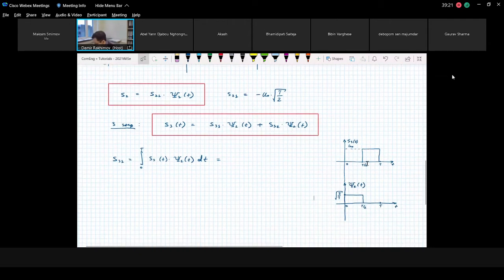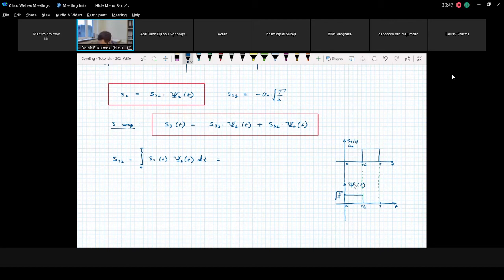And if you look at the third signal and the first basis function, you see that actually they do not overlap. Our third signal goes from capital T over 2 to capital T, but our basis function goes from 0 to capital T over 2. We don't have any overlap, and we can say that this product will be equal to 0.